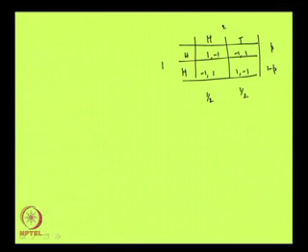Now, in this game, there are basically two sorts of outcomes, in the sense that what happens at the end of the day, either player 1 gets 1 rupee or player 1 loses 1 rupee. Now, if I call this event of player 1 getting 1 rupee as that event which player 1 likes, then what is the probability that player 1 gets 1 rupee? This can happen under two circumstances.